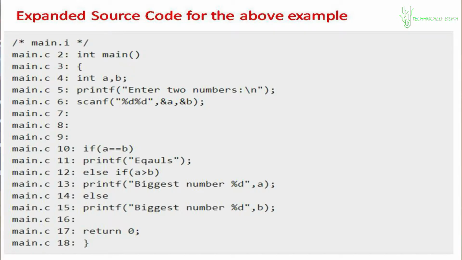This is how it will look like. Your compiler will see this particular thing. Got it? Now look at the code. You will find lines 7, 8, 9, they are not there. All these lines of code are not available over there. All right. Got this? I hope you are clear with this particular example.